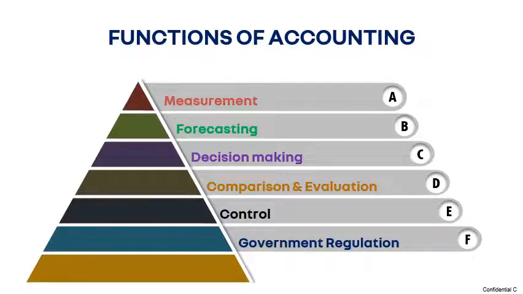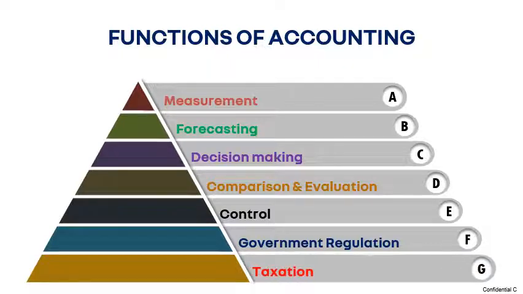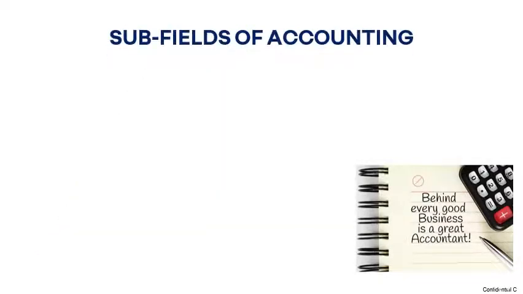Accounting also helps the government to formulate regulations. And finally, it helps us to pay tax, and the government can also assess the tax payable by the organizations. So every business must have a good accountant to grow organically and multifold.